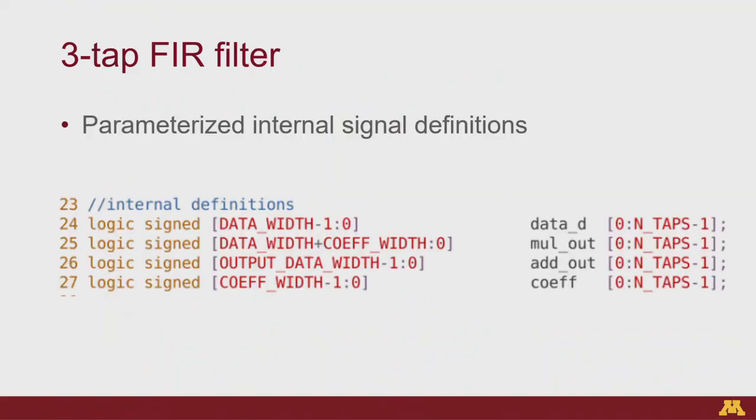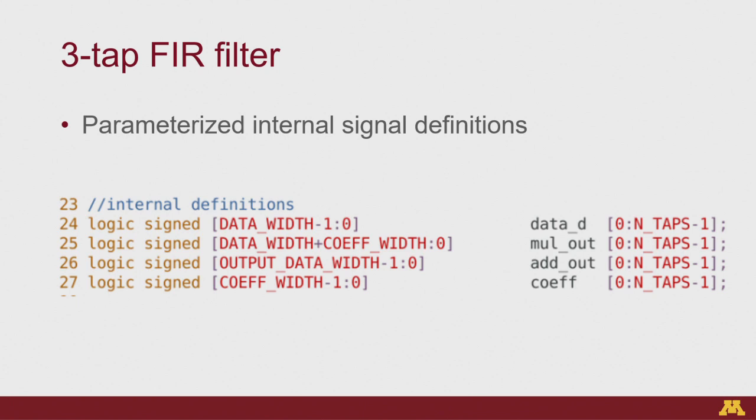This looks very similar to what you saw before. Essentially, we have created these parameterized definitions of your data. These are actually your delay elements, so for the number of taps, you have that many delay elements in your system. Like you mentioned, when we multiply 2 numbers, the final output width is going to be the sum of the 2, so in this case we have data width plus coefficient width.